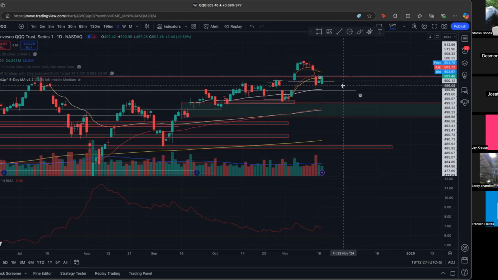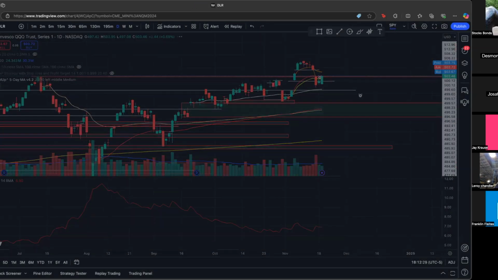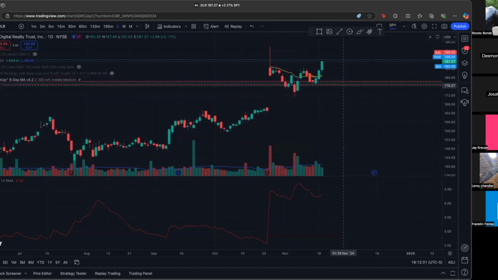So let's go over another example. Take DLR, for instance. This is something which we have an active position on. So the opening price, 183.39. What is the ATR? ATR is $4.30. So what's the expected move? 183.39 plus 4.30 gives us around 187 to the upside.